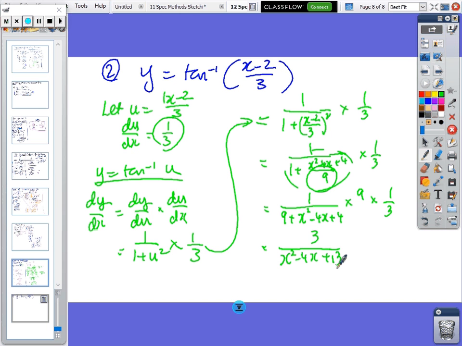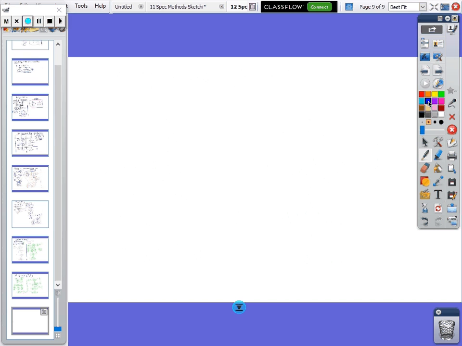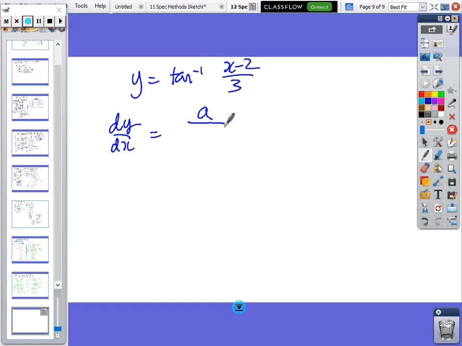I'll do it the other way as well, just so you know there is another way. y equals tan minus 1 of (x minus 2) over 3. So dy/dx equals a over a squared plus x squared. So this is in the form of x on a.